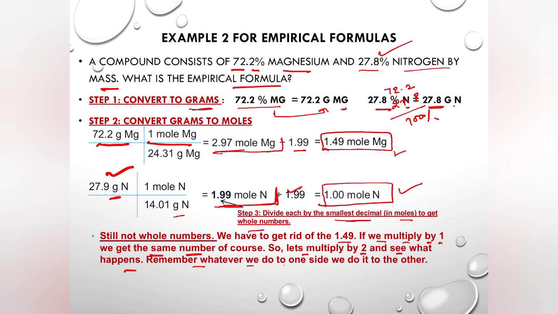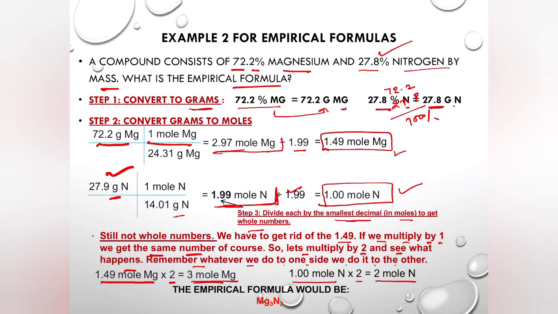Remember, whatever we do on one side, we do to the other side also. If 1.49 moles of magnesium is multiplied by 2, we get 3 moles of magnesium. Now the magnesium moles also convert into a whole number. At the same time, 1 mole of nitrogen multiplied by 2 gives 2 moles of nitrogen.